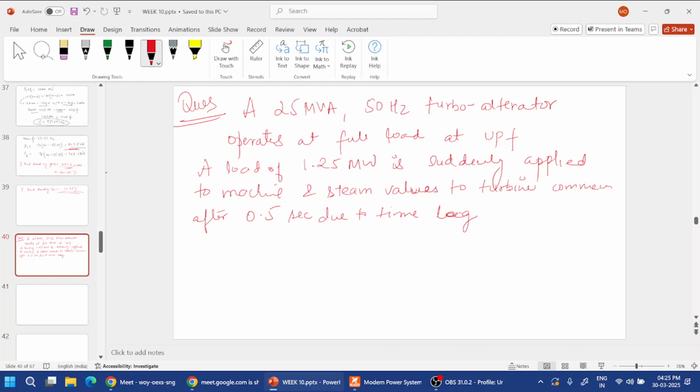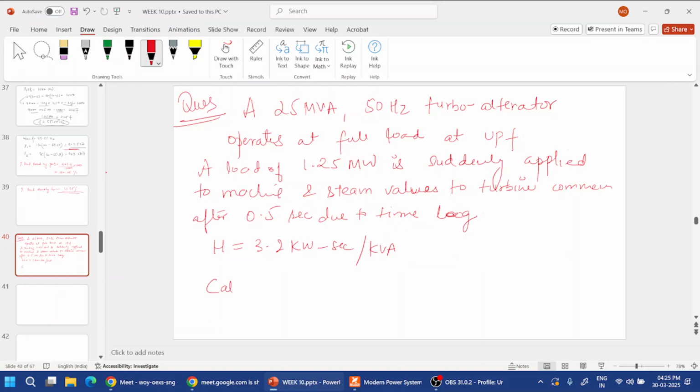Assuming constant H is equal to 3.2 kilowatt second per kVA, and the generation capacity, calculate the frequency.